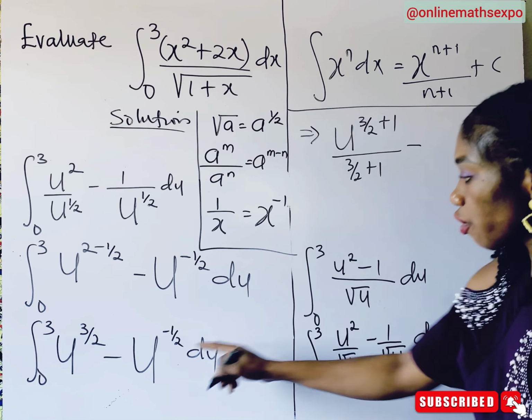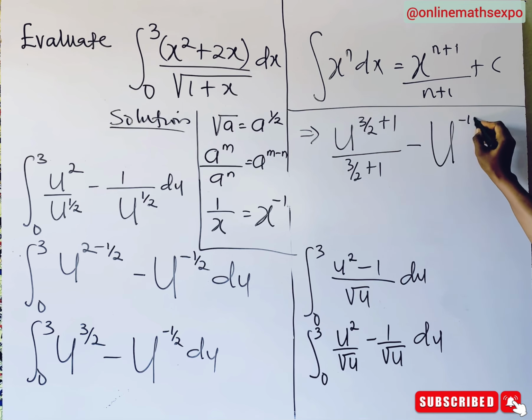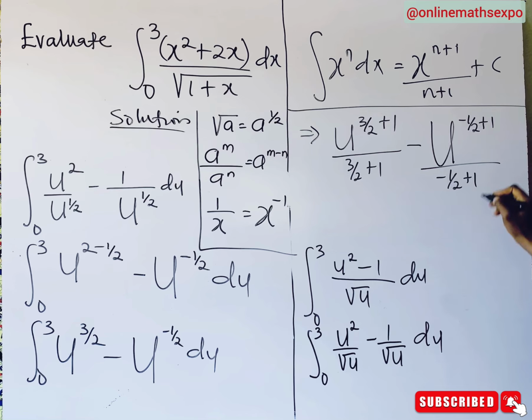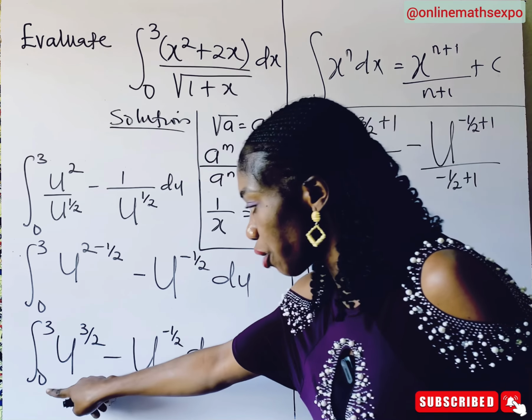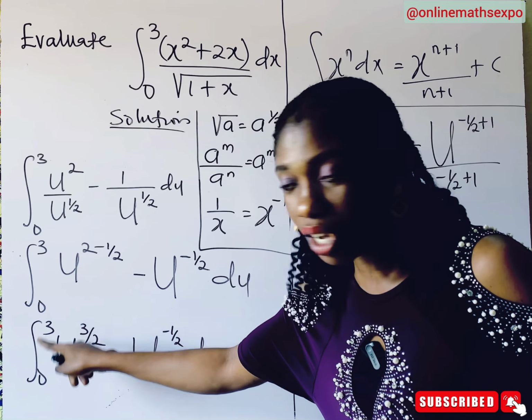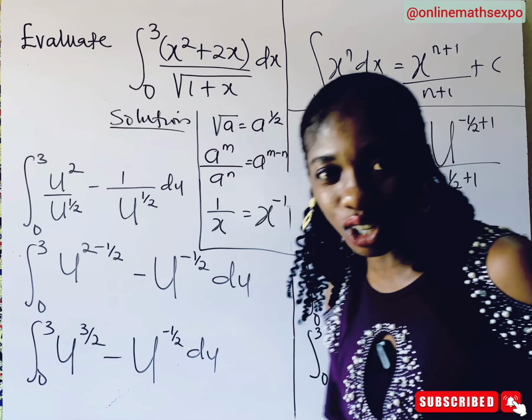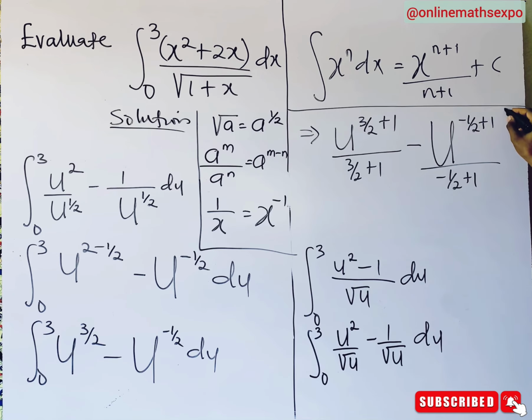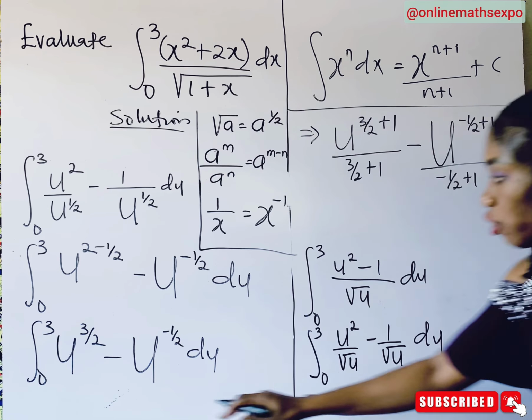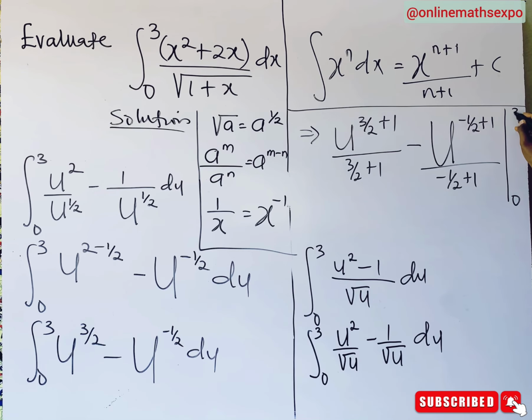Minus, this will give us u raised to power negative half plus 1. Use the power to divide. And in this case, we are not putting the constant c because this is a definite integral. So when you have a definite integral where there are values here, we don't usually put the constant. So we can now have from the value given, from 0 to 3.